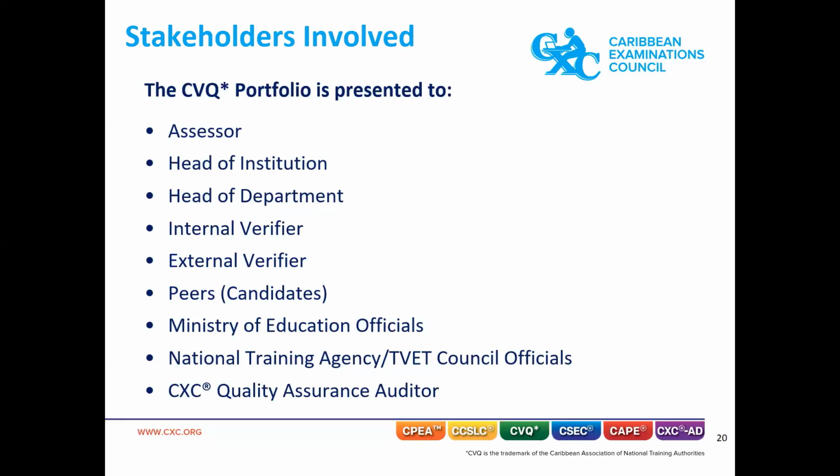We have the internal verifier that comes from your school to ensure that what they say under the quality assurance conditions and based on the procedures, they're actually doing what they're supposed to do. And then the external verifier, not only quality assurance, but they want to make sure that you can do what you say you did, or what the assessor claims that you have done, right? And sometimes they want to see it live. And we spoke about that being authentic assessment.